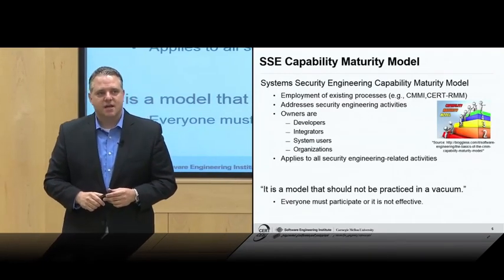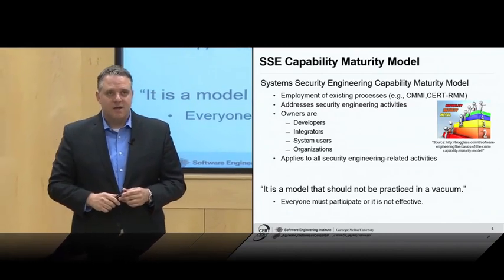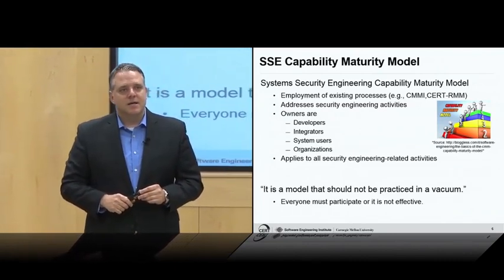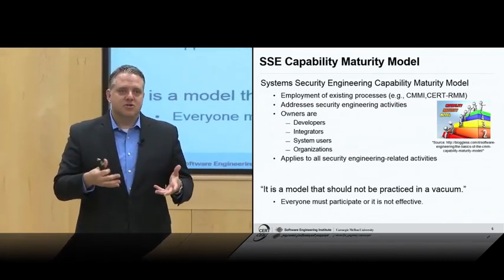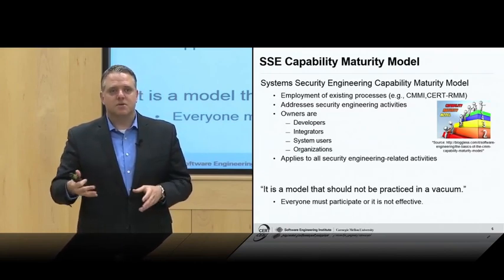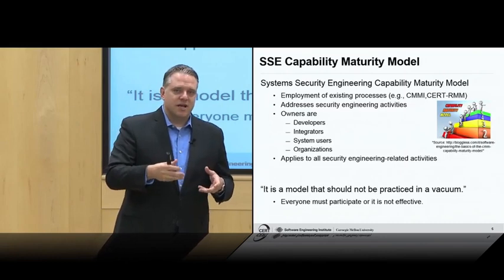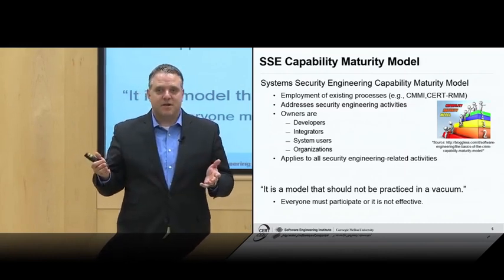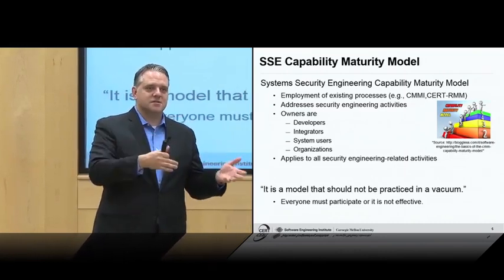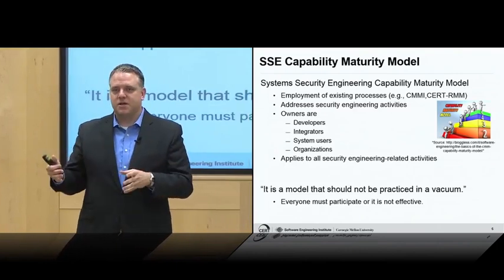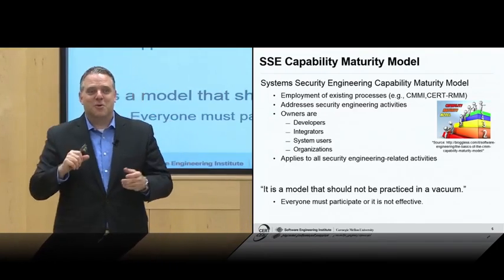Semi-related to this, there's a system security engineering capability maturity model, and it uses the existing capability maturity model approach, and just applies it to system security engineering. You might be thinking, well, that's obvious. You just called it the system security engineering capability maturity model. Well, it's called that for a reason.